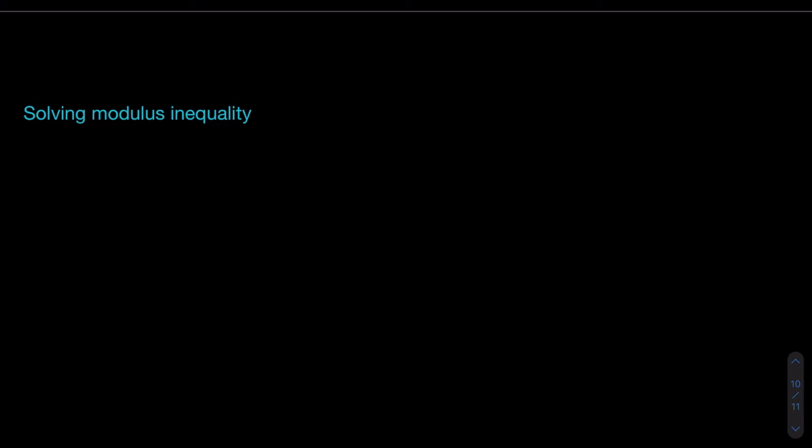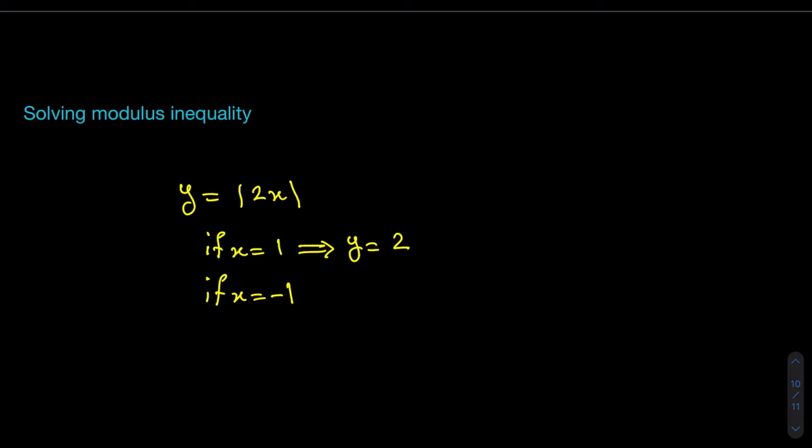value is. Suppose we have a function, let's say y is equal to the absolute value of 2x. In this case, if x is equal to positive 1, then y will be equal to 2. But if x is equal to negative 1, again the value of y will be equal to 2.